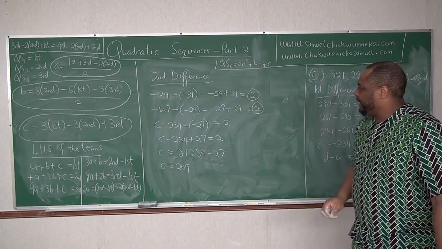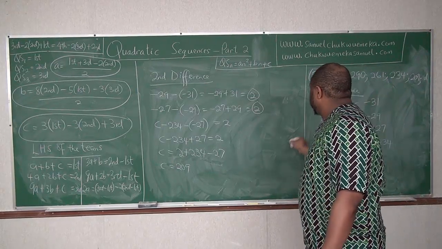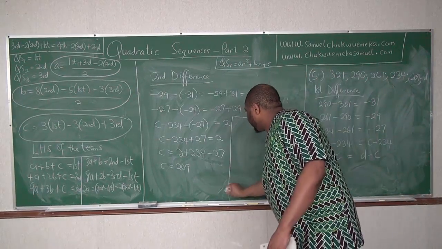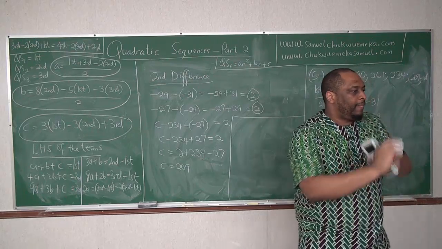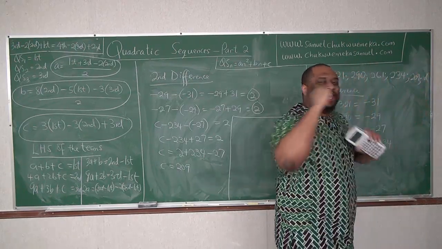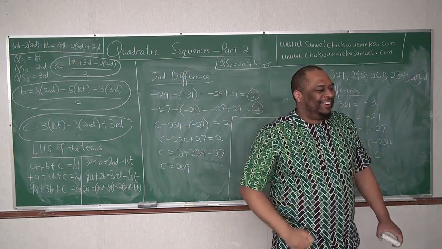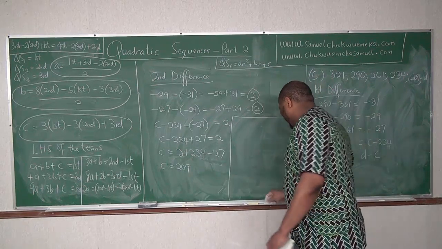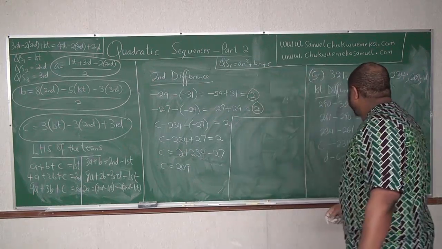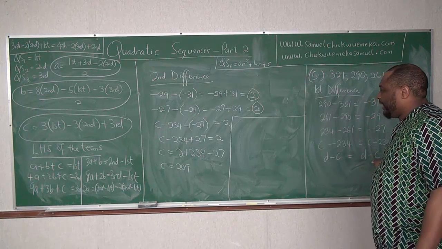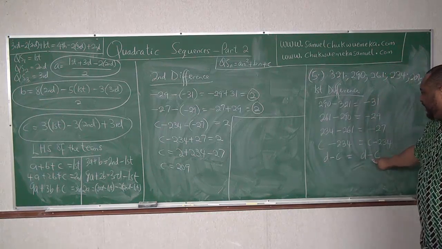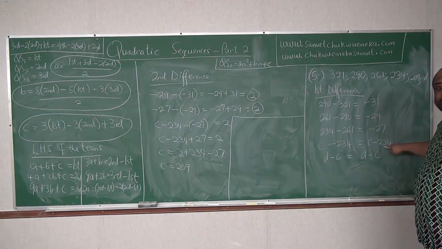Now let's find our D. Yeah! Thank God I got it this time. Okay. Now, D minus C minus C minus 234 should give us 2.